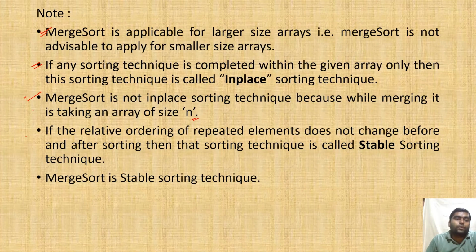Now one more important aspect related to sorting. If the relative ordering of repeated elements does not change before and after sorting, then that sorting technique is called a stable sorting technique. For example, let us suppose the input is 10a, 10b, then 7, and then 8. The output will be 7, 8, 10a and 10b.